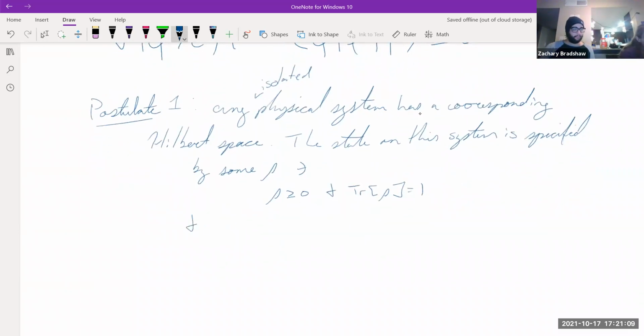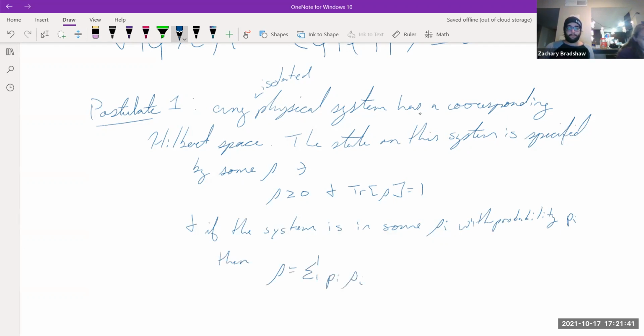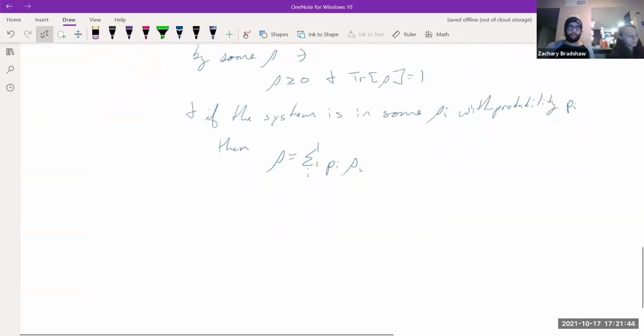And if the system is in some other state rho i with probability p_i, then you can write the state of the system as a sum over all of the possible states. So apologies if my p and my rho look very similar.